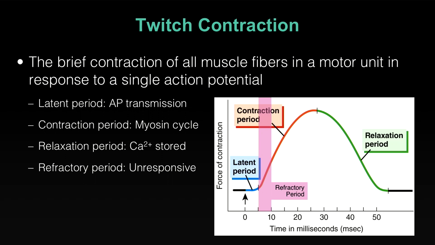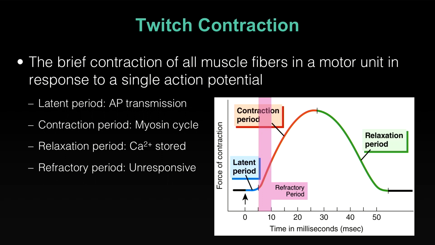This shows 5 milliseconds. I've exaggerated it here so you can see it. Not really that important in muscle, very important in the heart. It's one of the ways that we ensure regular, ordered, and directional pumping of blood in the heart. In the heart, 200, 300 milliseconds.